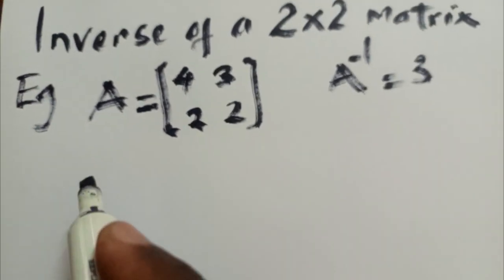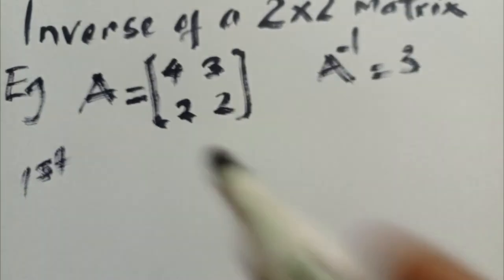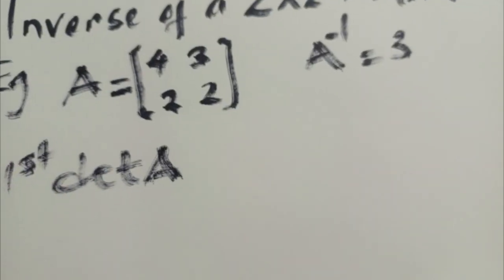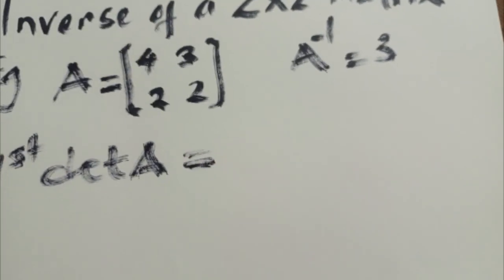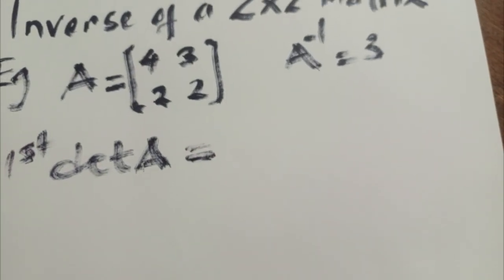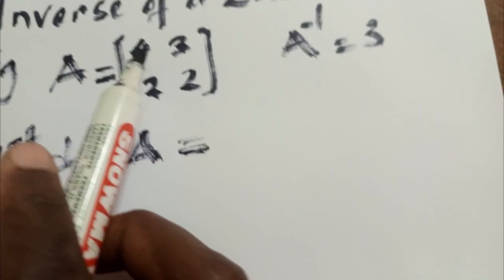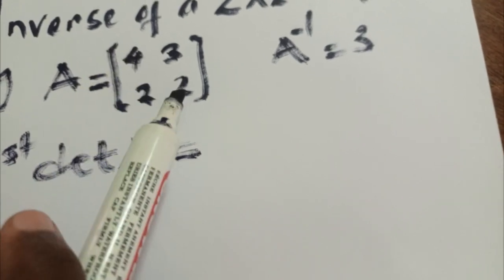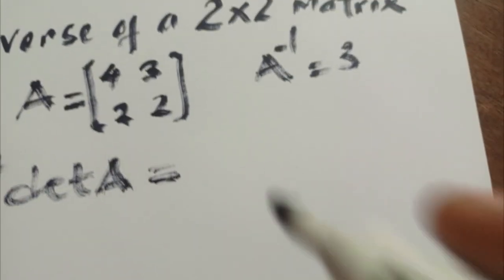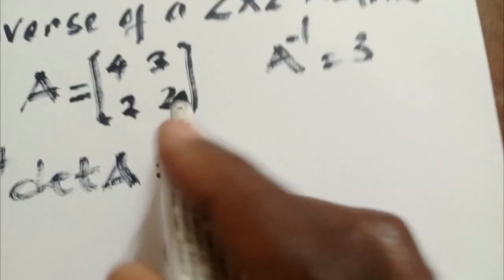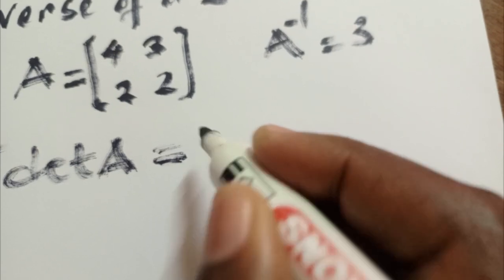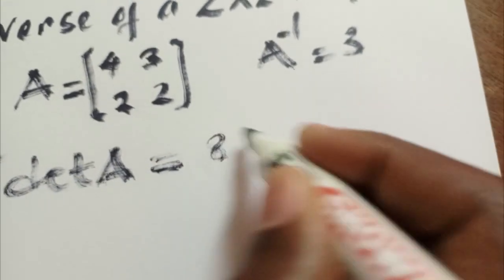So in the first place, we need to find the determinant of the matrix, short form written as det A. The determinant of a 2 by 2 matrix is calculated by getting the product of the elements in the leading diagonal. The diagonal running from top left to bottom right is what we call the leading diagonal or the principal diagonal. So the product of the elements, in this case, is 4 times 2, which is 8.